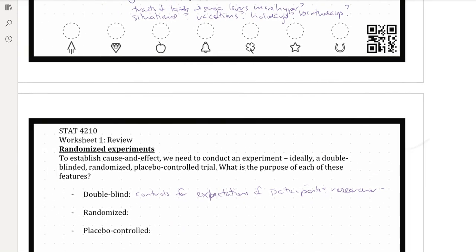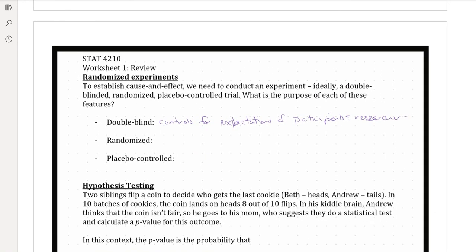So the participant does not know which treatment they're getting, and neither does the person monitoring the outcomes. The person measuring the outcome and the participant do not know what treatment is received.